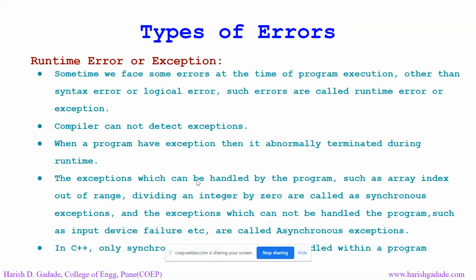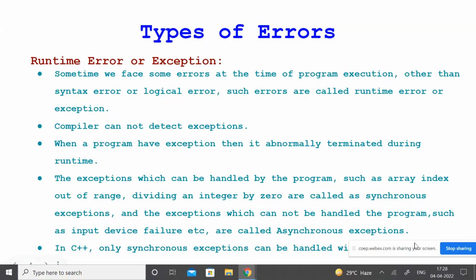Right? Some examples I have written here. Exceptions which are handled by the program, such as array index out of range. What happens normally is that at compile time we decide the array size, suppose we decided it is 10, and the input you are providing to the program is more than 10. In that case, this will again provide a runtime error. That is array index out of range.